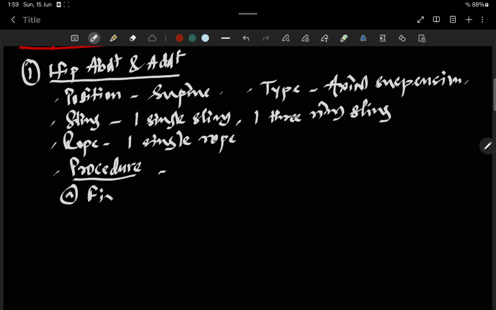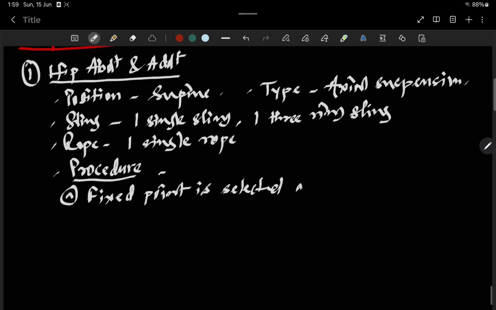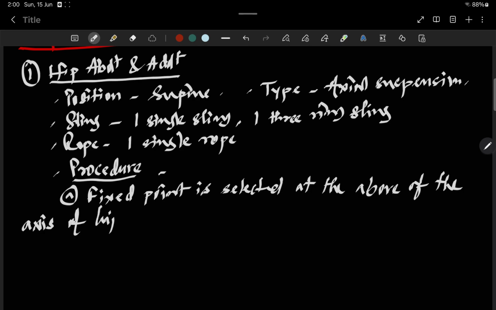Same way, the fixed point is selected above the axis of hip abduction and adduction.